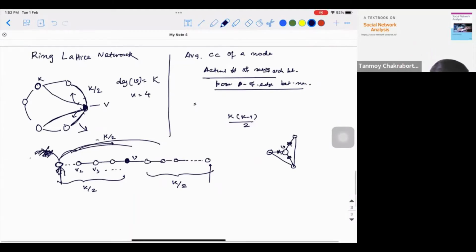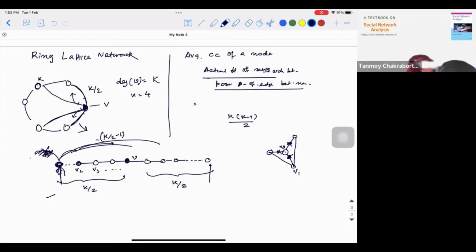So say if this is V and this is V1 in this context, the edge which is connected from V to V1 will not be considered. So how many edges will we consider to measure the clustering coefficient of V which are associated with V1? K by 2 minus 1.